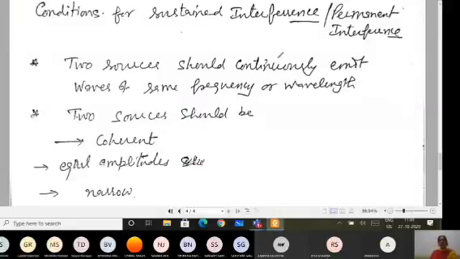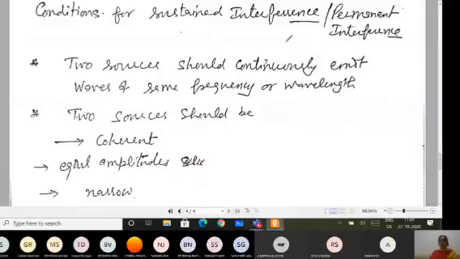I will not be getting bright and dark, but I will be getting a colored pattern, in which the central fringe may come white and then say violet, because lambda for violet is less. So I will be able to get beautiful interference patterns, not in your syllabus.